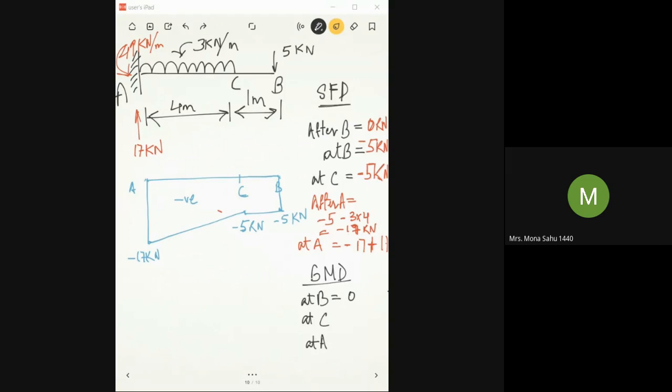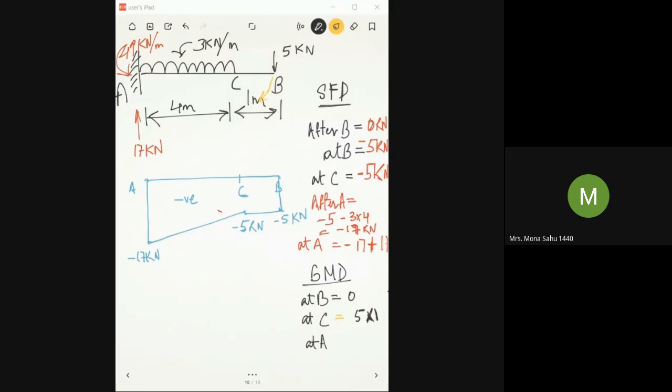All right. Next is at C. What is the bending moment? The bending moment is 5 multiplied by 1. And what is the direction? Direction is going to be in this direction.